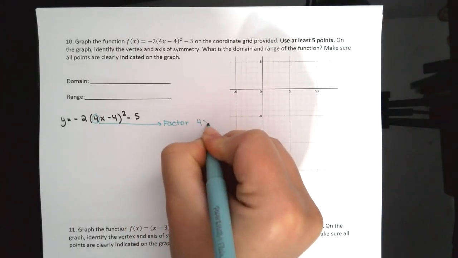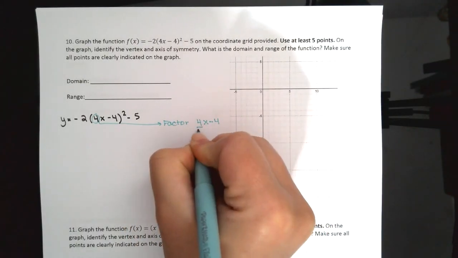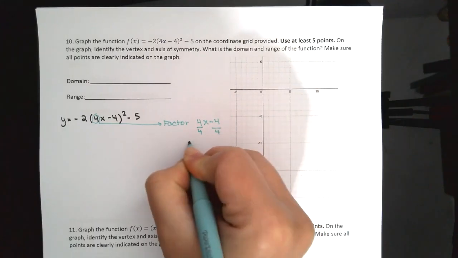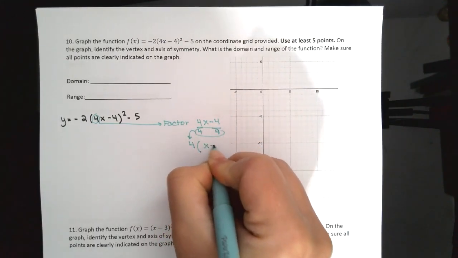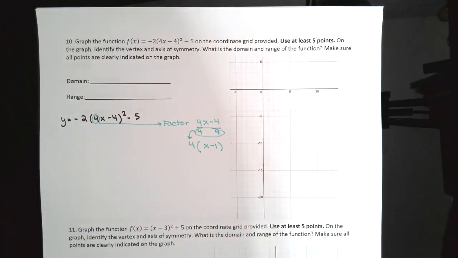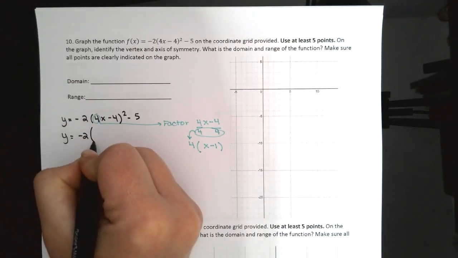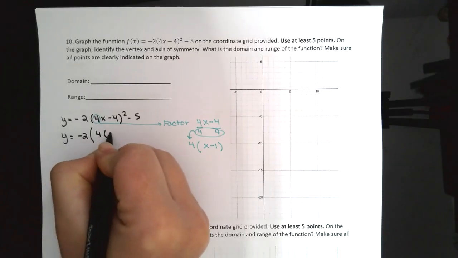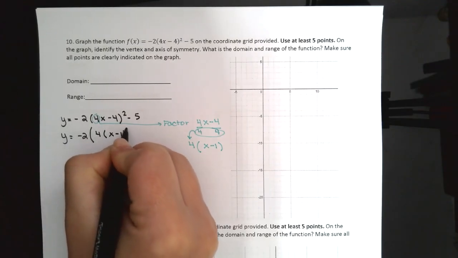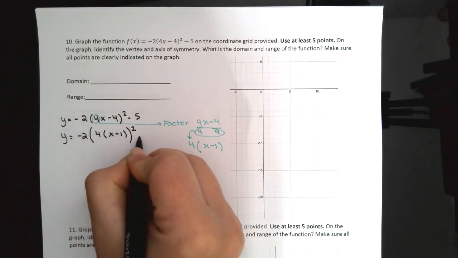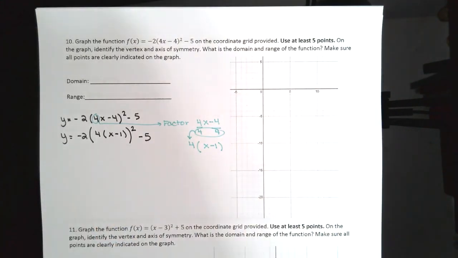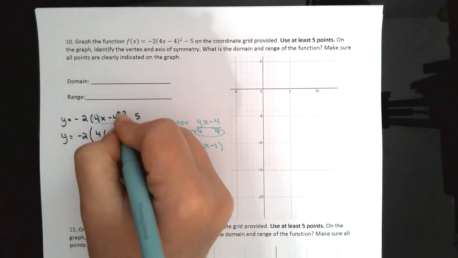So that means I'm going to take my 4x minus 4, divide by 4. That means I pull out 4, it does not disappear. x minus 1 is what I have inside the double parentheses. y equals negative 2, open, 4, open, x minus 1, close it, make sure you have a squared, minus 5. That means I don't have this 4.